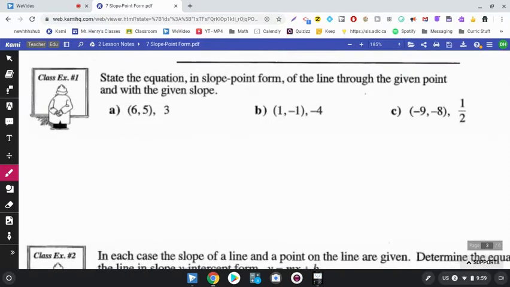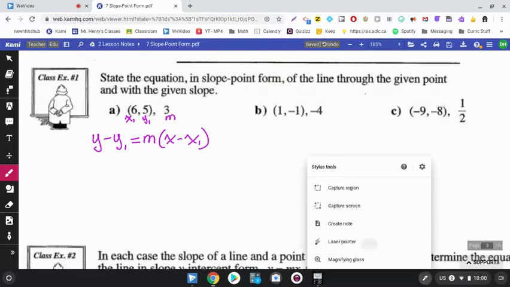Okay, so state the equation in slope point form of the line through the given points. So what I'm going to do is label what I have. A point tells me my x1, y1. And then it just has the slope listed, right? The point and the slope. I am going to start for the first little while here by writing down the equation. Y minus y1 equals m x minus x1. Okay? And then it's just like plug and play.